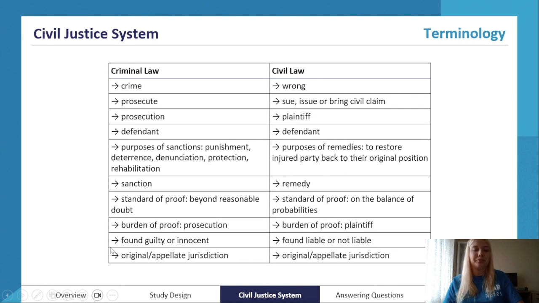So, important to understand. And then we've got original and appellate jurisdictions for courts as well in the civil justice system. But you will have to learn that the civil court hierarchy is different from the criminal hierarchy. So you will have to learn essentially what kind of claims can be heard in what court, just as you did for the criminal justice system.